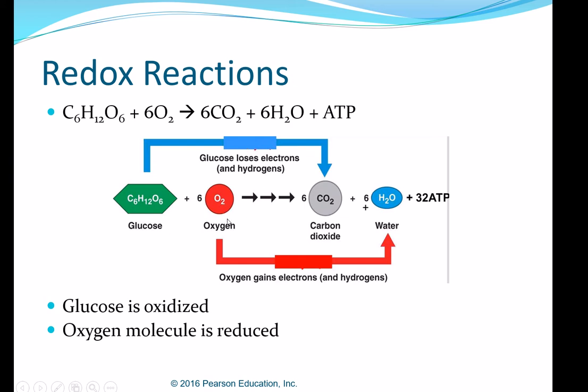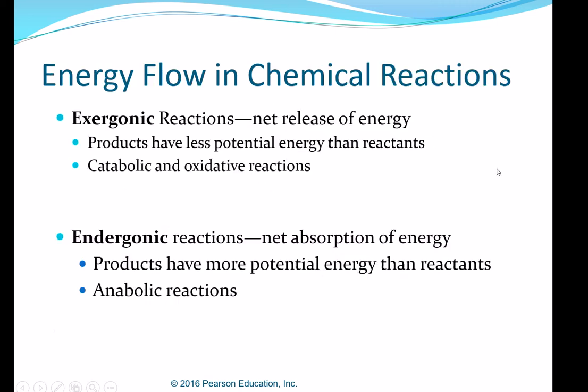And then oxygen, you can see here, becomes water, and since it's gaining all those electrons and hydrogens that the glucose gave up, it is considered reduced because it's getting more of that negative subatomic particle in the form of the electron.